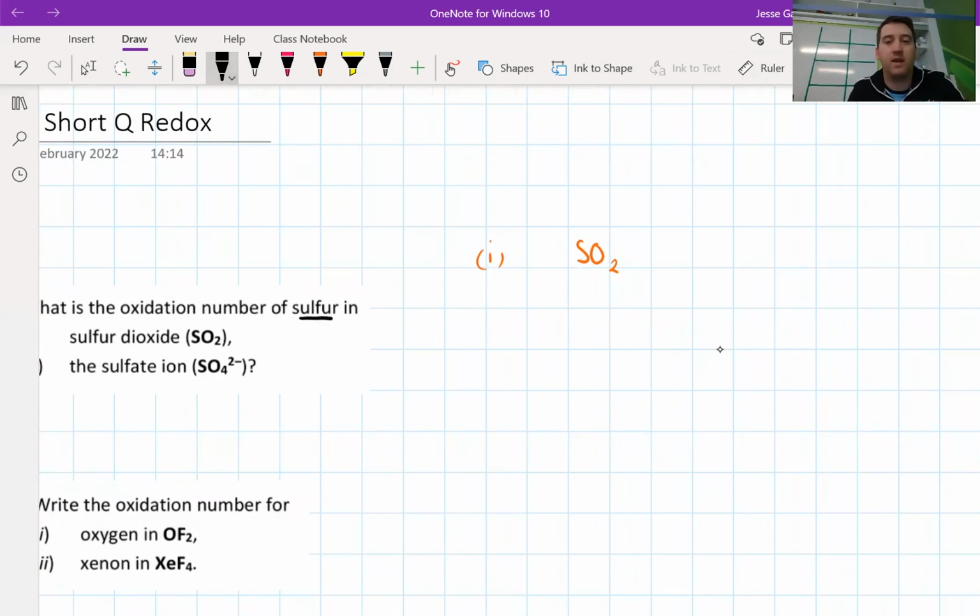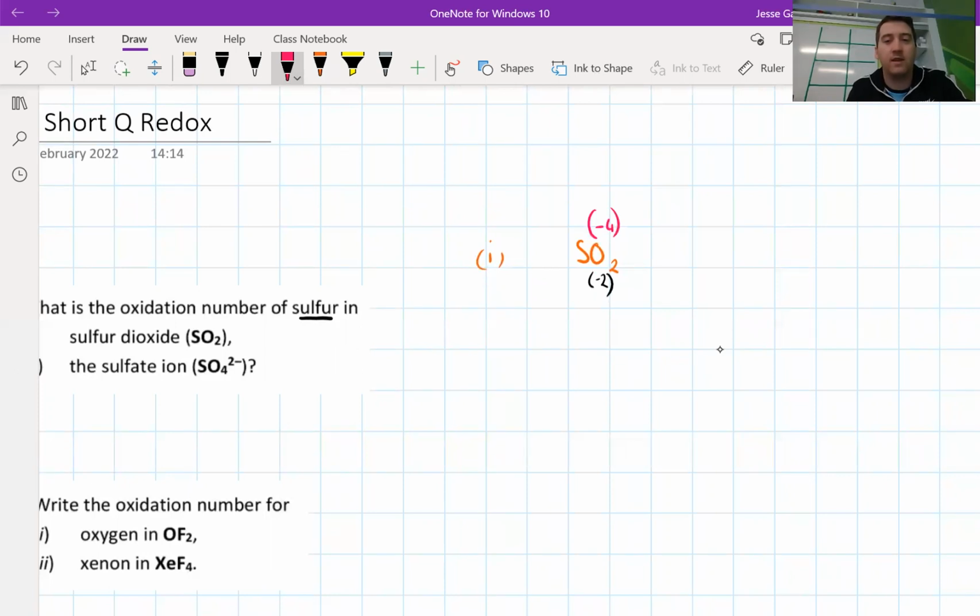Okay, so in this case, what do we know about these 2 things? Well, we know that oxygen is always -2 unless it's bonded to specific things that it's not in this case. So that means oxidation number of -2 for oxygen. In my class, I teach the students to work out the totals for the charges on top. So there are 2 oxygens, so 2 times -2 means we have a total charge of -4 for the oxygens.